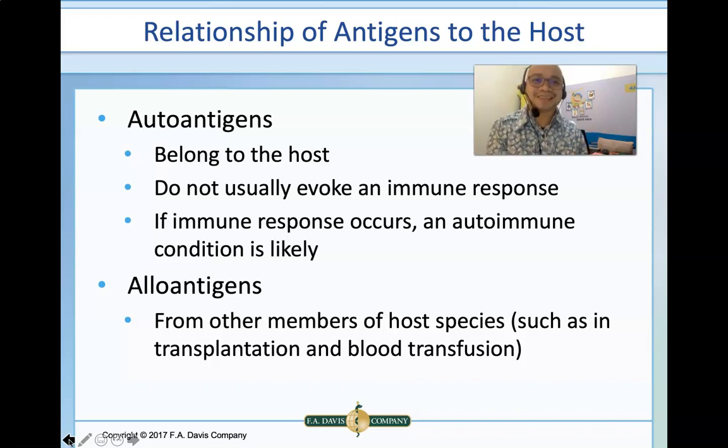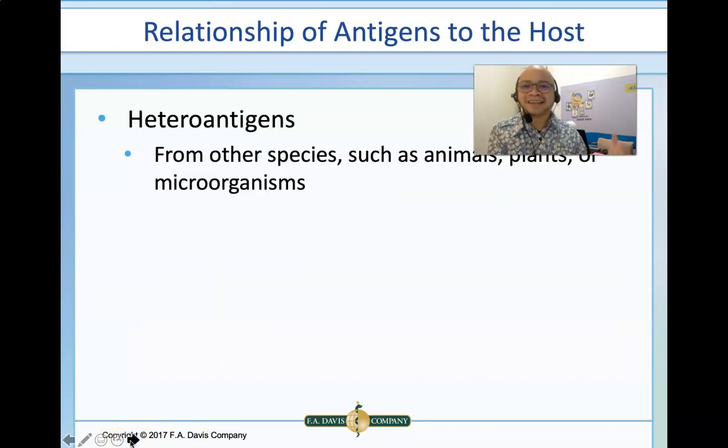Same species, so we call it alloantigen. The blood that is being given to you is an alloantigen. And then the kidney coming from another person that you need, being grafted into your body, that kidney is known as the alloantigen.